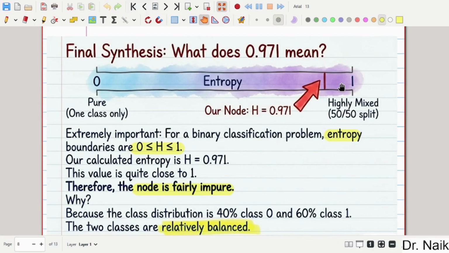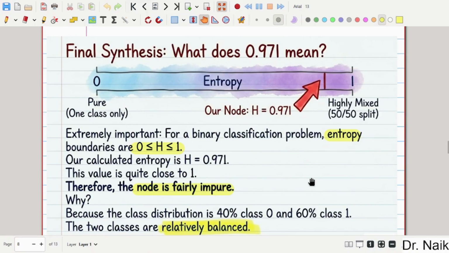This is because 40% of points belong to class 0 and 60% of points belong to class 1. Zero entropy means the node has only one class, and if the entropy is 1, that means 50% of points belong to class 1 and 50% belong to class 0.